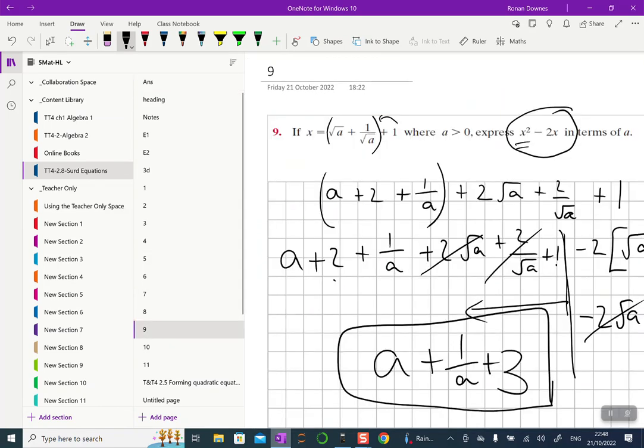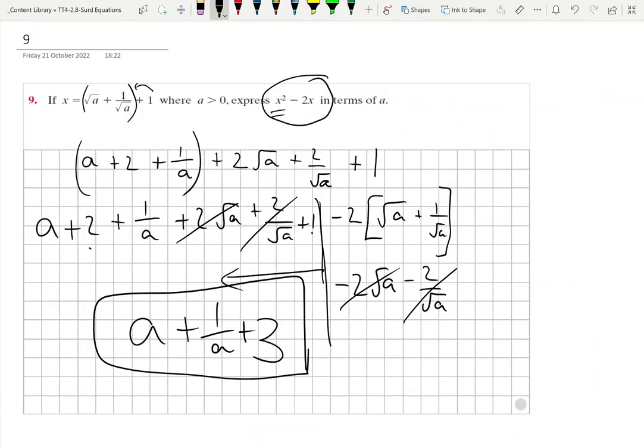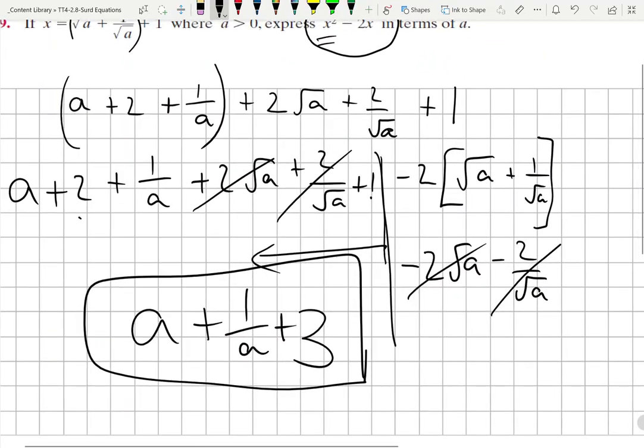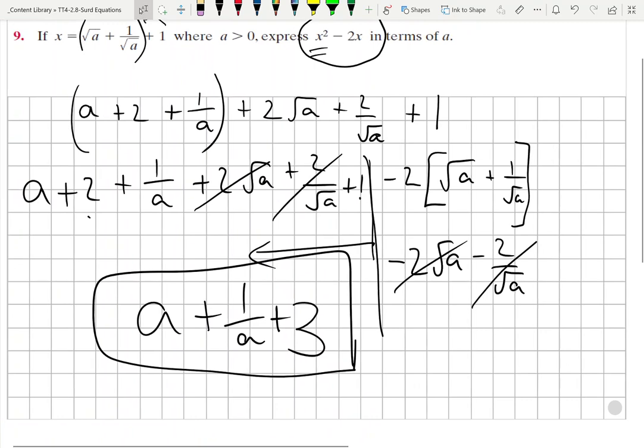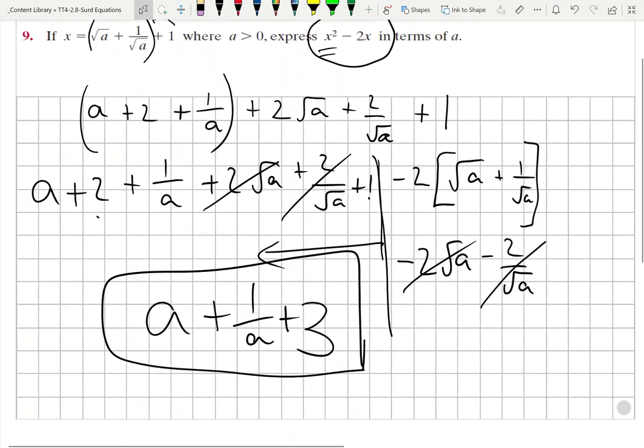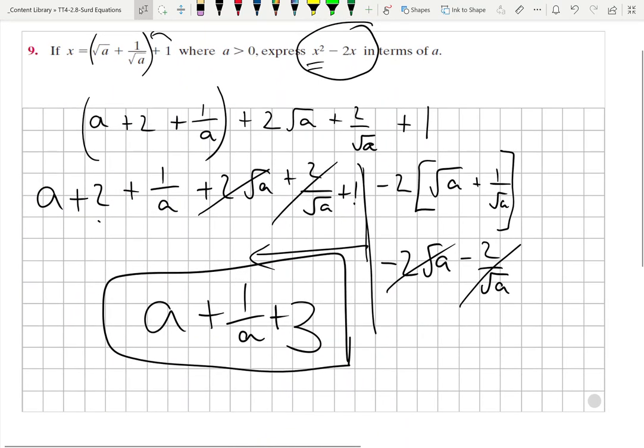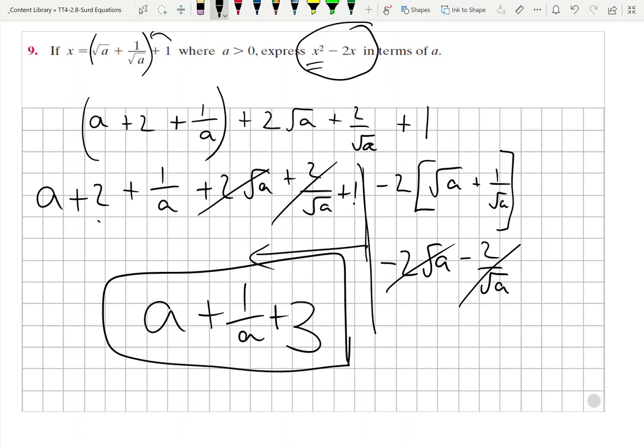3. I must have missed some cancellation. There should have been a minus or something. X squared minus 2x. Oh, minus 2. You know what? I left out, did I?